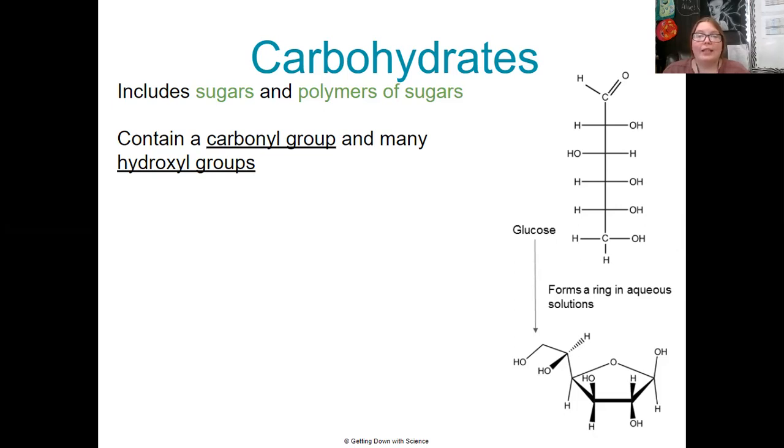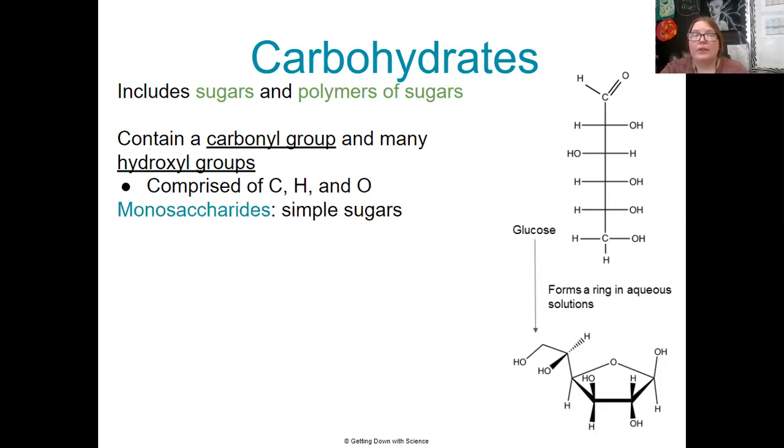Remember, it has to have a COOH to be carboxyl, so this is definitely carbonyl. And there's lots of hydroxyl groups. All of the O's and H's that are together, that's a hydroxyl group. So carbohydrates are comprised entirely of carbon, hydrogen, and oxygen.